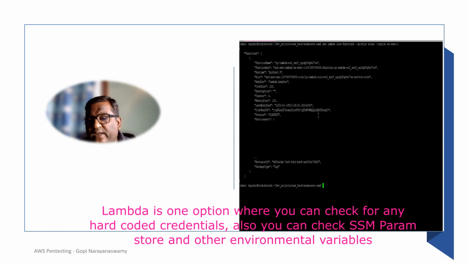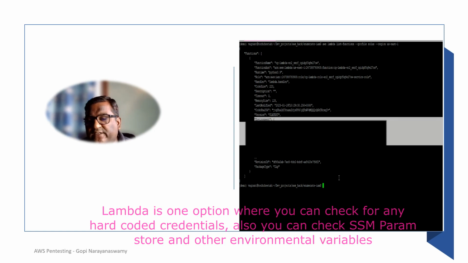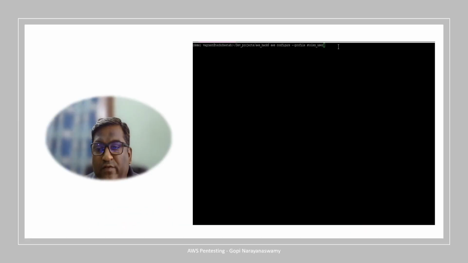In the listed Lambda function, I could see the access key and secret key of another user. I have configured the stolen user profile in my AWS credential file. I already configured that stolen profile in my credential file.